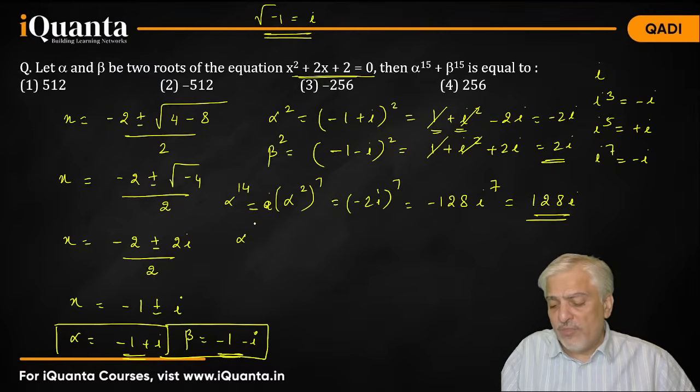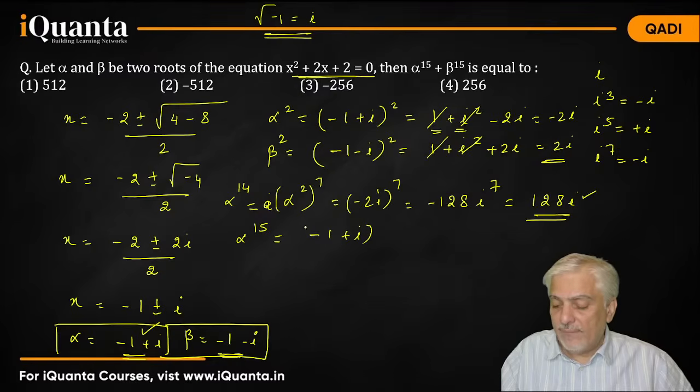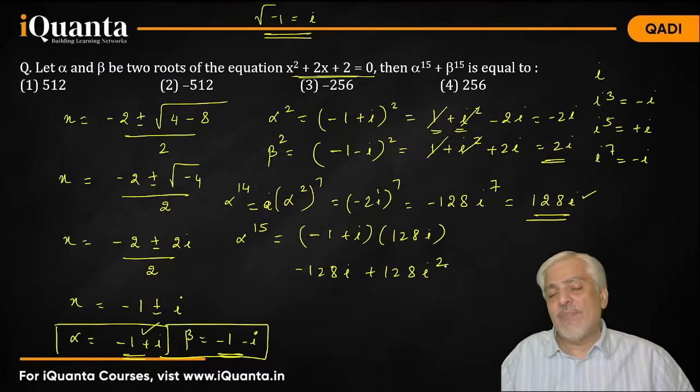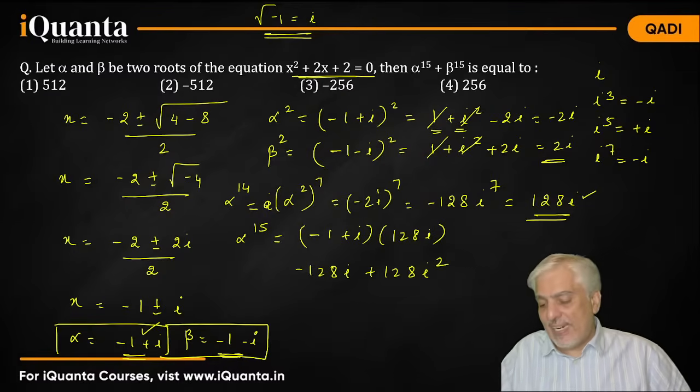But I should finish alpha raised to 15 first. What will be alpha raised to 15? This multiplied by this. So negative 1 plus I into 128I. That will be negative 128I plus 128I square. And when you solve the other one, it comes exactly in the same way.